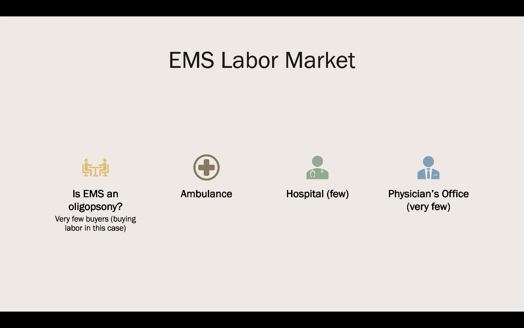Are they not? So in an oligopsony, the buyer has the power, and the buyer can lower the price of the good. And if we're talking about the good here being my labor, they are in the power seat to lower the price of that labor because, honestly, where else am I going to go? So I live in Haywood County, and if I were going to work full time as a paramedic in the field, I can go to Haywood County.